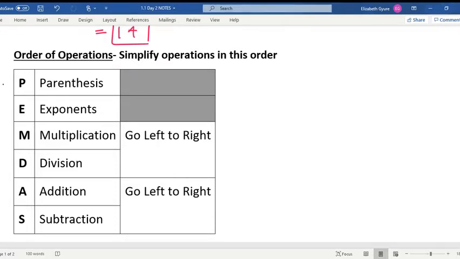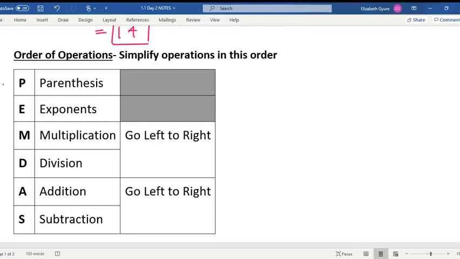A little tiny number, like 3 squared, right? That's an exponent. Good. Multiplication and division, they have to go from left to right. Addition and subtraction, they have to go from left to right. Please excuse my dear Aunt Sally. Have we heard that before? Yeah, that's our order of operations.